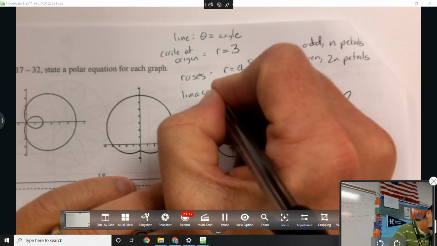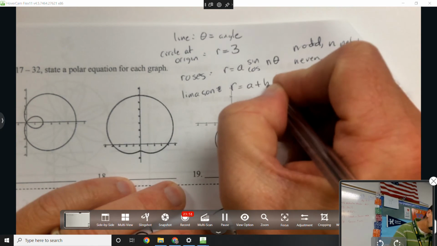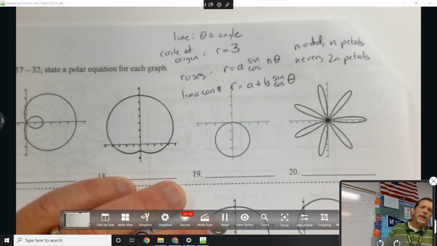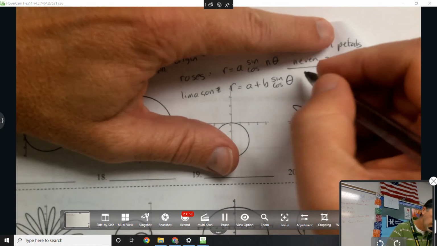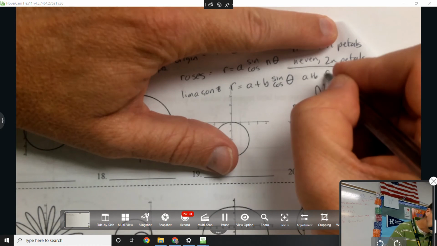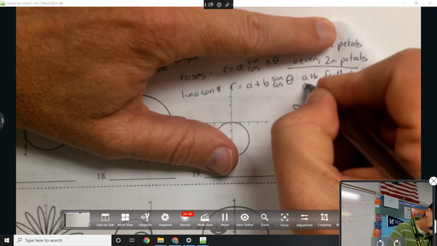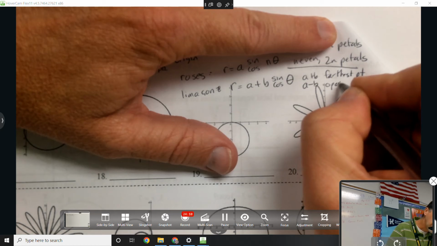And then the last shape was the limacon, r equals a plus b sine or cosine of theta. A plus b was the farthest point. A minus b was the opposite point, I guess.